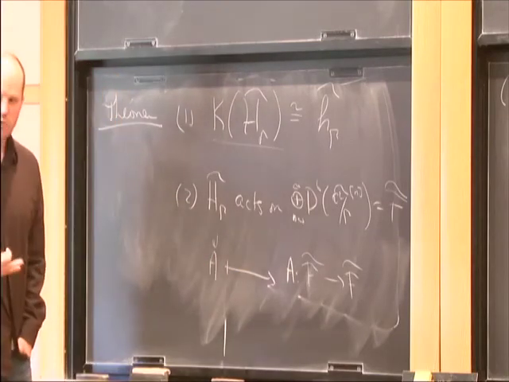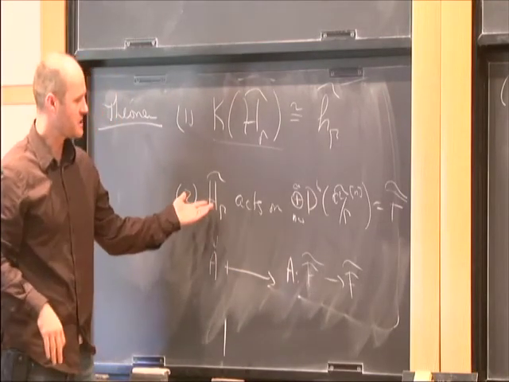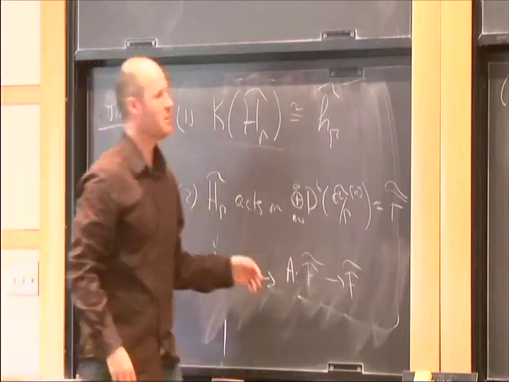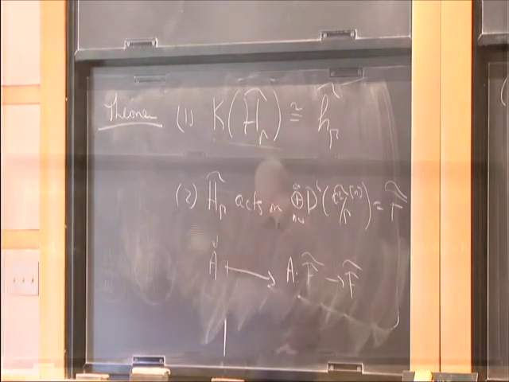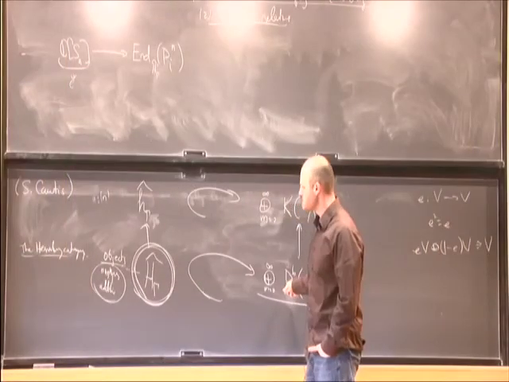So the data you write down in order to define a categorical action of this category is a bit different than what you'd write down if you were writing down a representation of the Heisenberg algebra. Here, for a representation, for every element in your algebra, you'd write down a linear endomorphism. And there's countably many such things you need to write down and countably many relations you have to check. Here the situation is, in some sense, simpler.